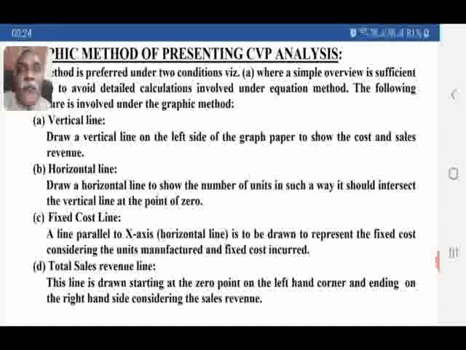Fixed cost line, the line parallel to the x-axis, is to be drawn to represent the fixed cost considering the units manufactured and fixed cost incurred. Next is the total sales line. This line is drawn starting at the 0 point on the left hand corner and ending on the right hand side considering the sales revenue.